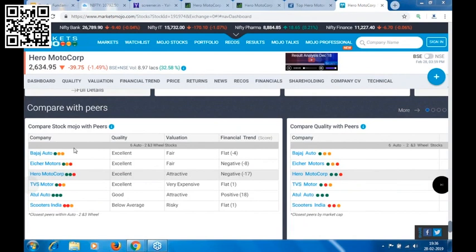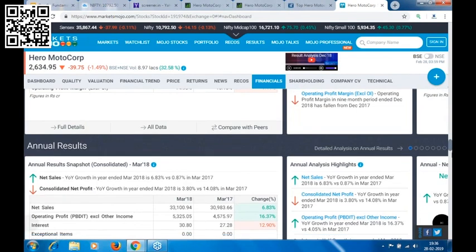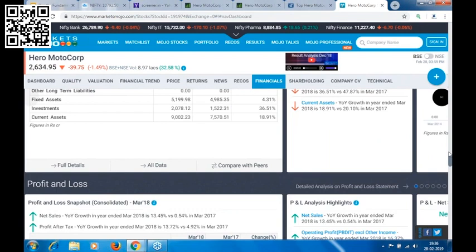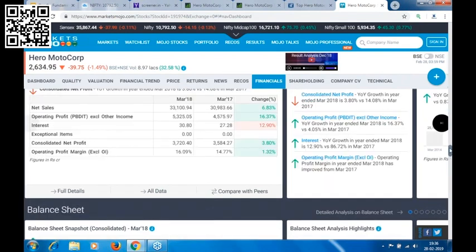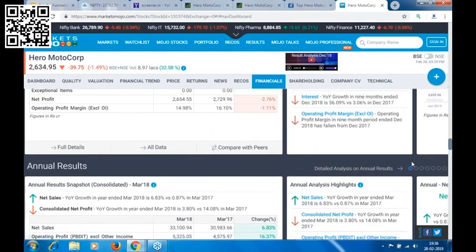So this website is doing the comparison of Hero MotoCorp with its peer companies and giving you the output of which company is looking more attractive in this peer group. So this website also you can use for your fundamental analysis.